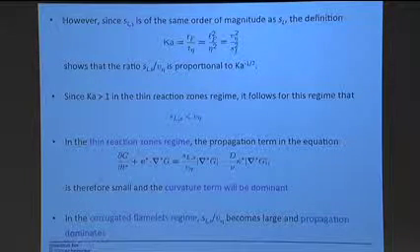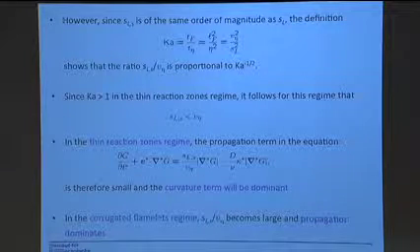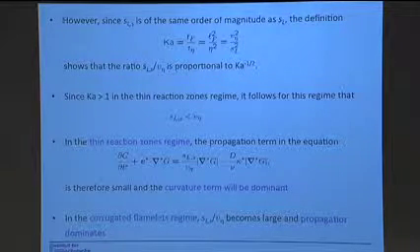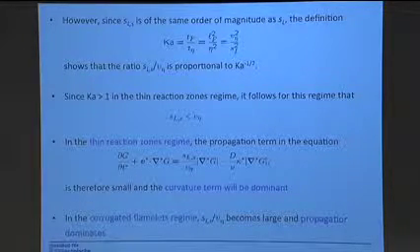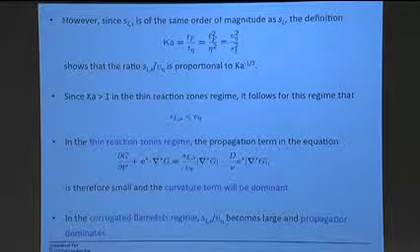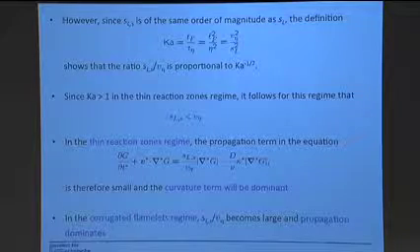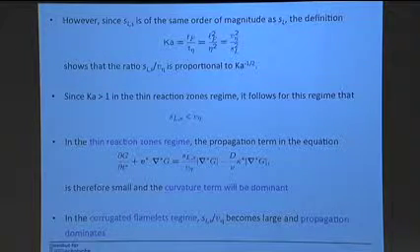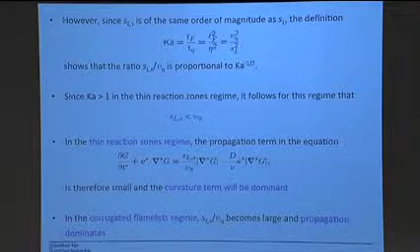Okay, now if we look at the thin reaction zones regime, in that regime the Karlovitz number is larger than 1. Which means that in that regime v_eta is larger than SL, and what that means is that this term actually becomes small. So in the limit where you go to a very large Karlovitz number, you see that this becomes very, very small.